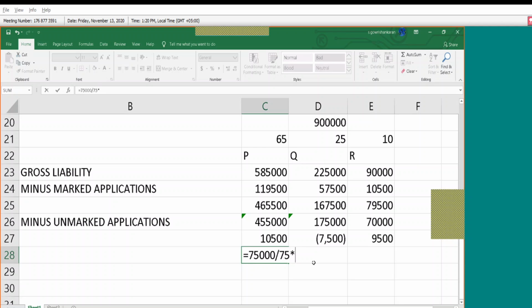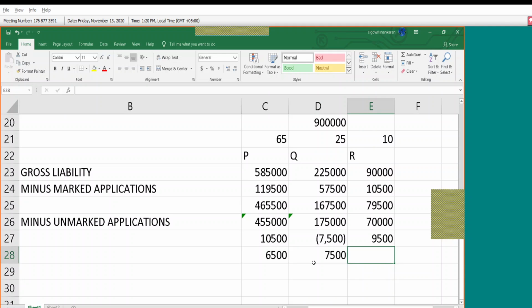For 65, how much? 6,500. Here it is 0. It will become 0. How? 7,500 positive.